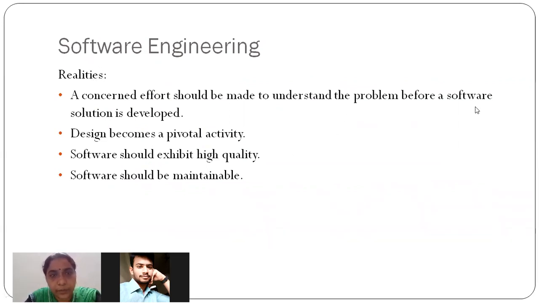First, you need to understand the problem before starting the solution. Second, your design should be a good one, which plays a major role in the success of your product. Next, software should be of high quality. And the last one is, the software should be maintainable for some period of time. These are the things you need to keep in mind while studying the software engineering subject.